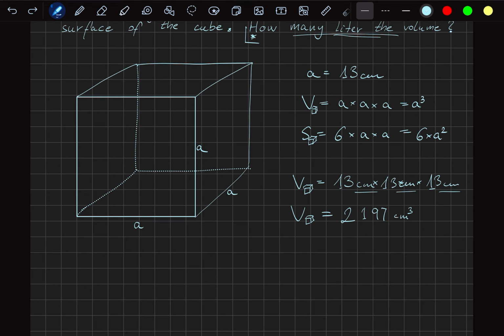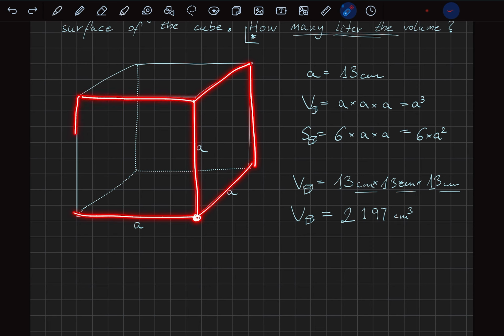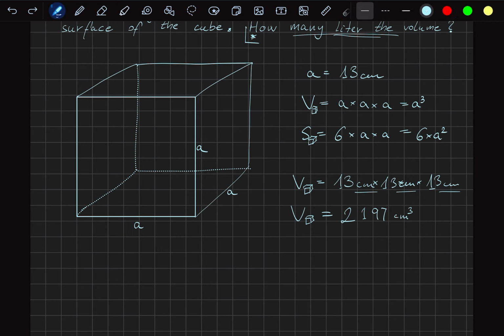If I have a cube with 1 decimeter long edges, then I can fill into this cube 1 liter of water. So 1 decimeter times 1 decimeter times 1 decimeter, 1 decimeter cube equals 1 liter.